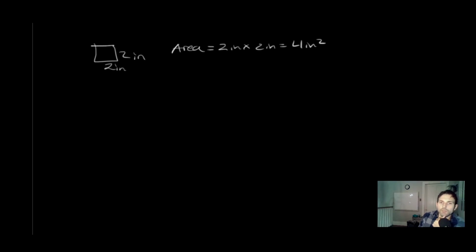Now, let's say I want to convert 4 square inches to millimeters squared. Square millimeters.